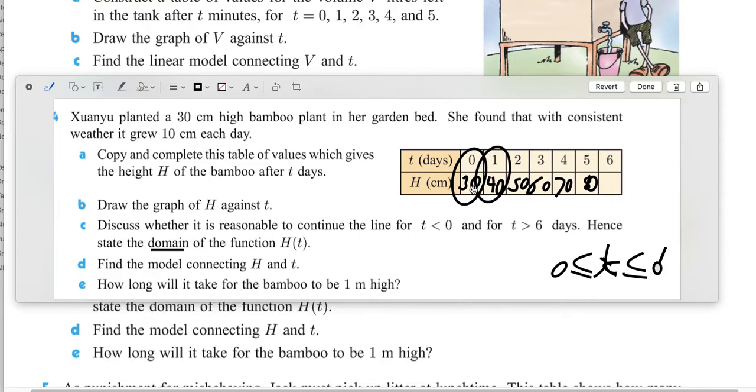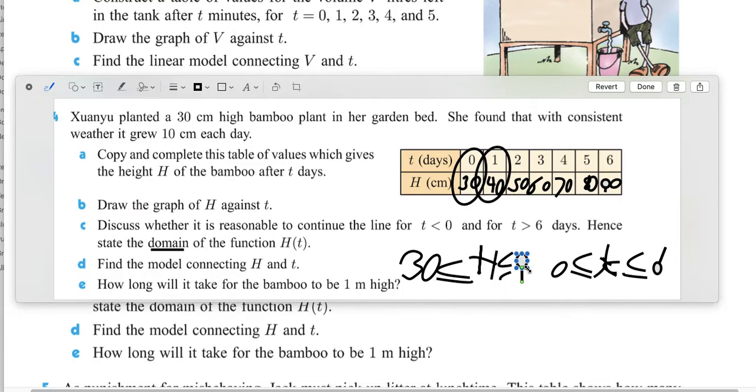The range is going to be the difference between the minimum y value, which in this instance is h, which is 30, and the maximum, which would be 90. So taking those two values together, we're going to have 30, h, and then we're going to finally have 90.